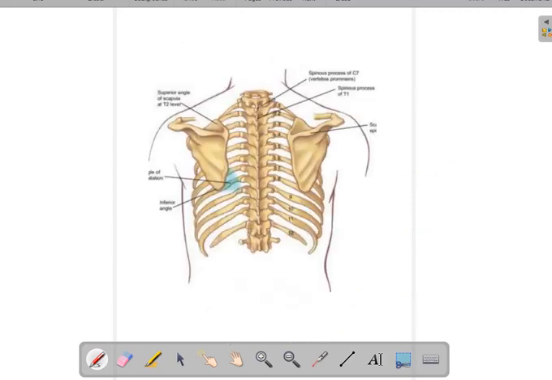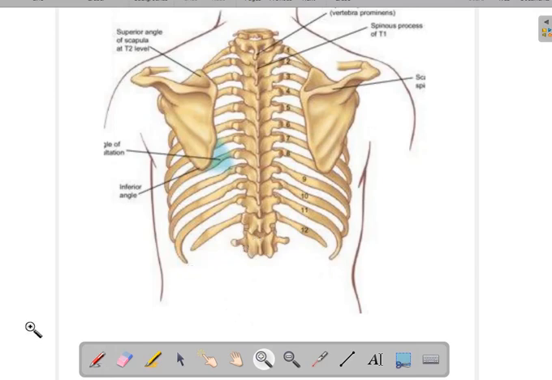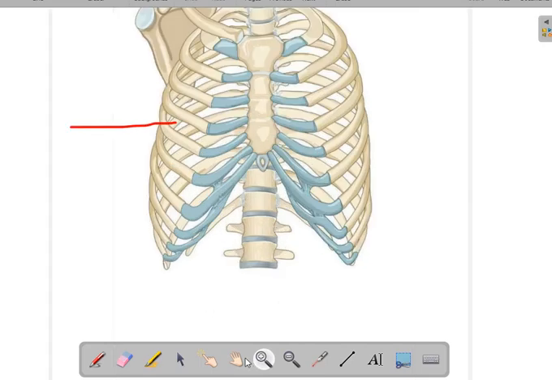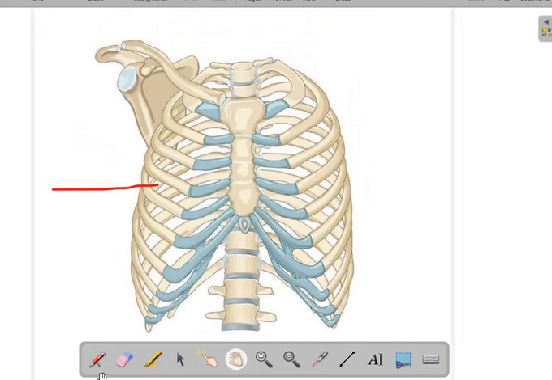Then the thoracic cage is formed, first in anterior view, from the sternum in the anterior midline and 12 pairs of ribs articulating behind with the thoracic vertebrae.